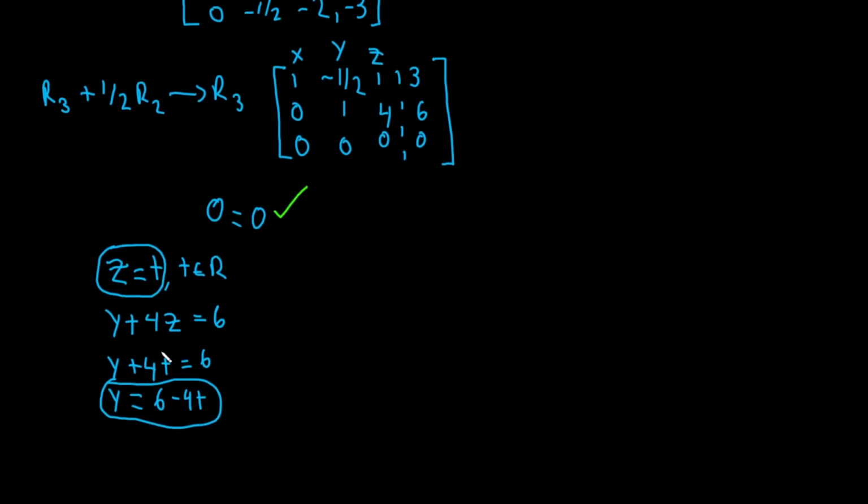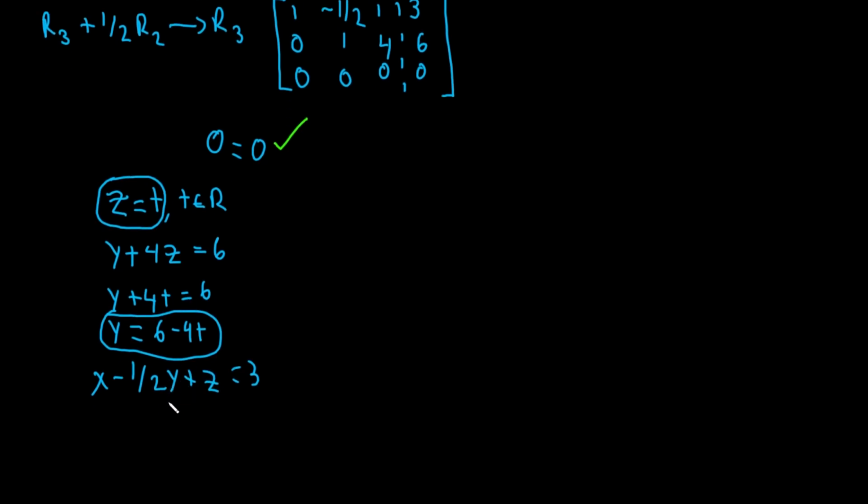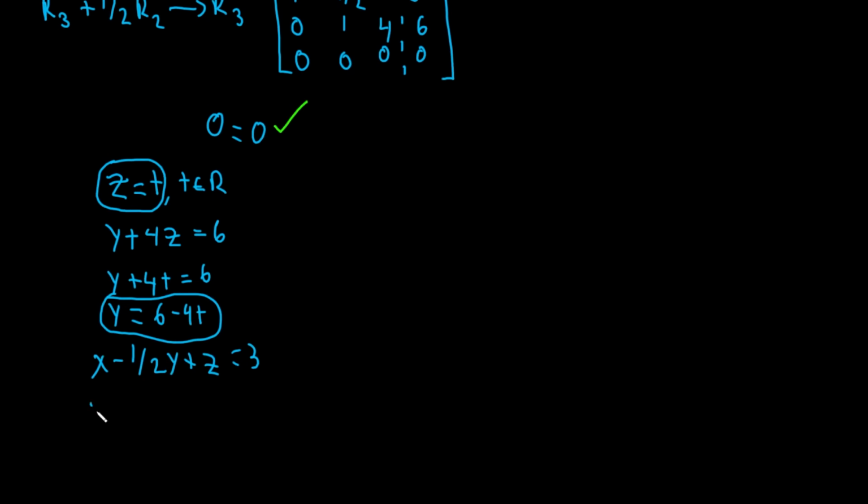Here we can write out the equation x minus 1/2 y plus z is equal to 3. We know what y is equal to, and we know what z is equal to, so we can substitute that in to solve for x. So we get x minus 1/2 times (6 minus 4t), because that's what y is equal to, plus t is equal to 3.